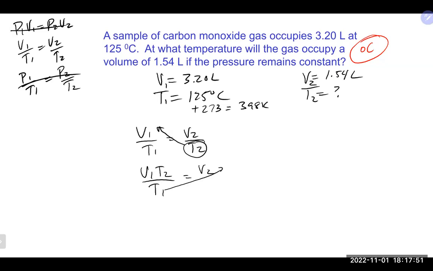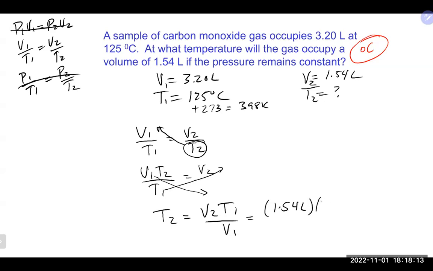This gives us T2 equals V2 times T1 divided by V1. That's the quick way to rearrange, basically multiplying and dividing to the other sides. We're going to put our values in here, with V2 up on top.